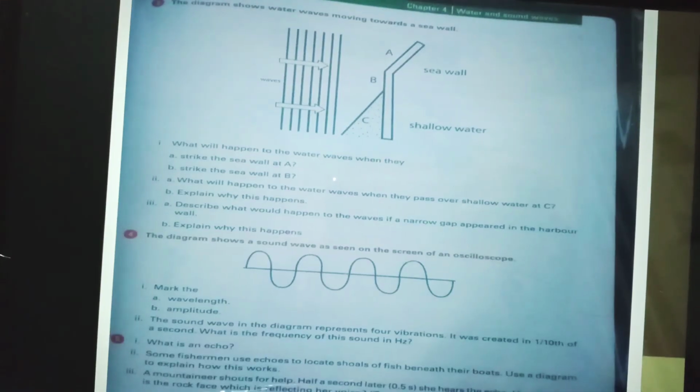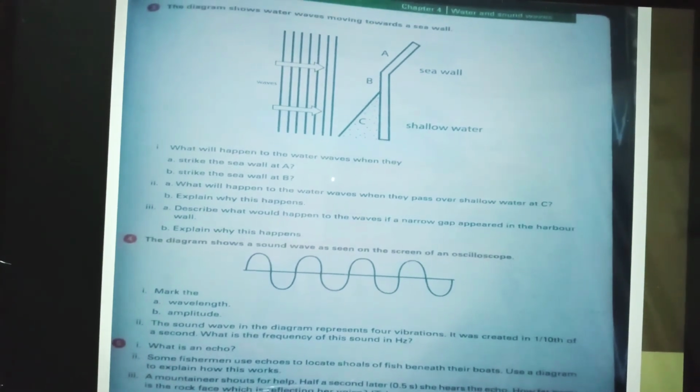If two waves meet each other with peaks matching troughs, they cancel each other and produce a wave with no amplitude. There is no wave. This is destructive interference. So here it is destructive interference and here it is constructive interference.